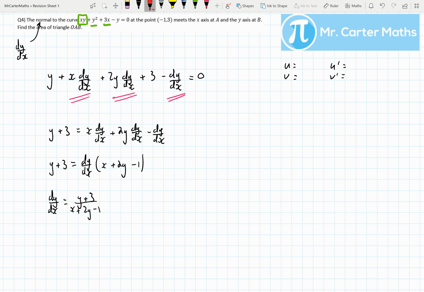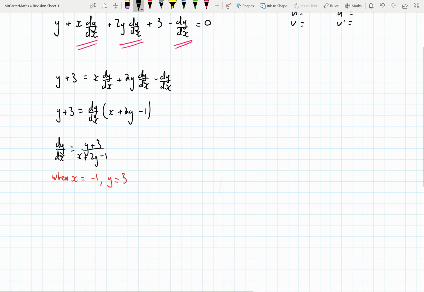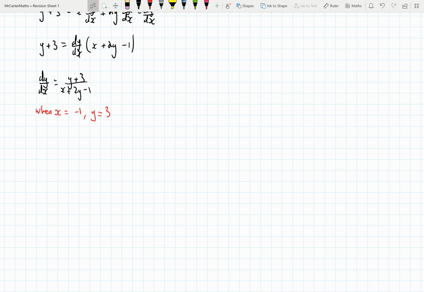I'm looking at the normal at a specific point. I'm looking at the normal when x equals minus 1 and y equals 3. So I would go ahead and substitute those in, and I would realize that if you're substituting values into a derivative, I'm not really talking about a derivative.